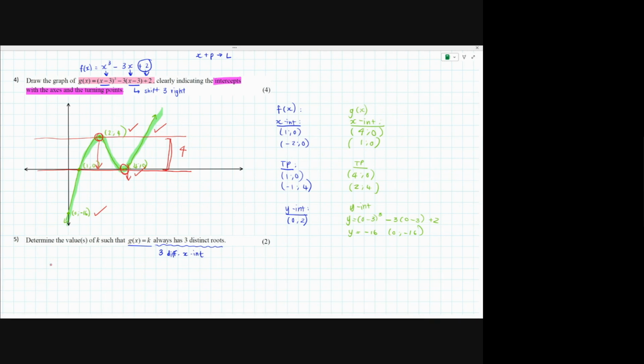So what that means is, if we look at this side of my inequality, I need to move more than 0 units but less than 4 units.